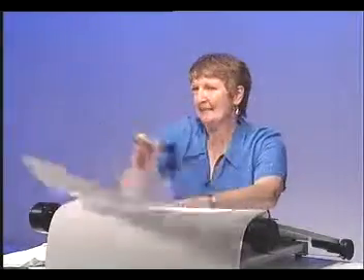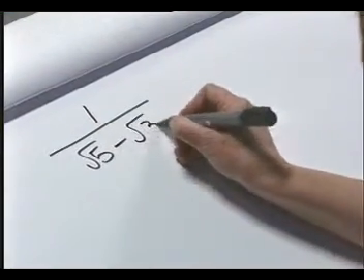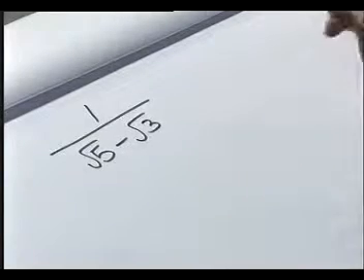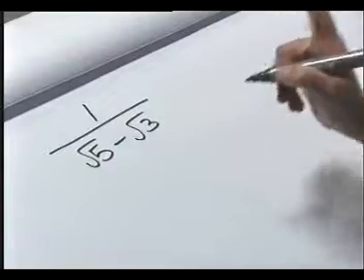One final example, a little bit more difficult than the previous ones. See how we can cope with this. 1 over the square root of 5 minus the square root of 3. We want to rationalise this fraction. Think of the difference of two squares. We've got root 5 minus root 3.